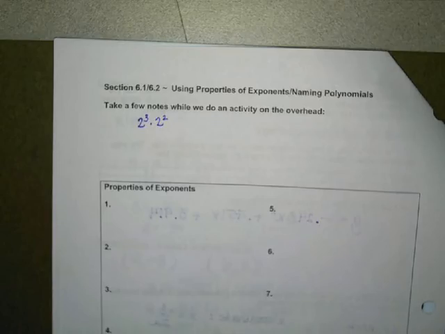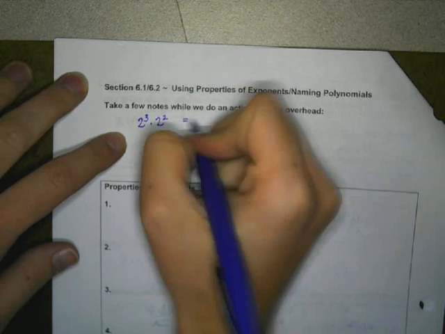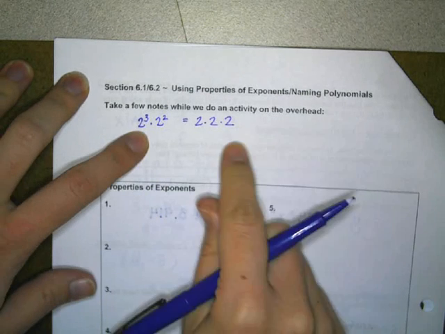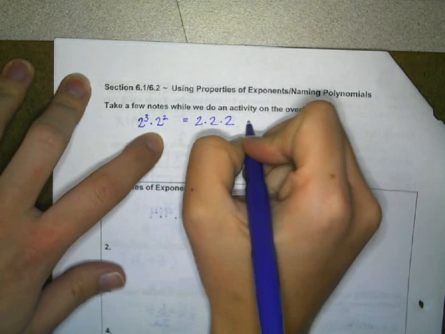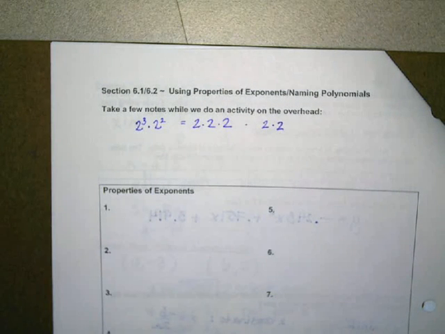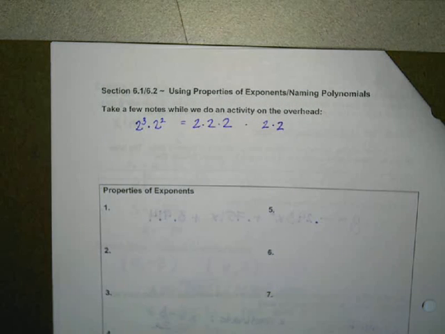Okay, so how many 2's should I have listed then? 5. So you write this out for what it actually means: 2 times 2 times 2 is 2 cubed, times 2 times 2. So we could then rewrite 2 times 2 times 2 times 2 times 2 as 2 to the 5th, because there's 5 2's.